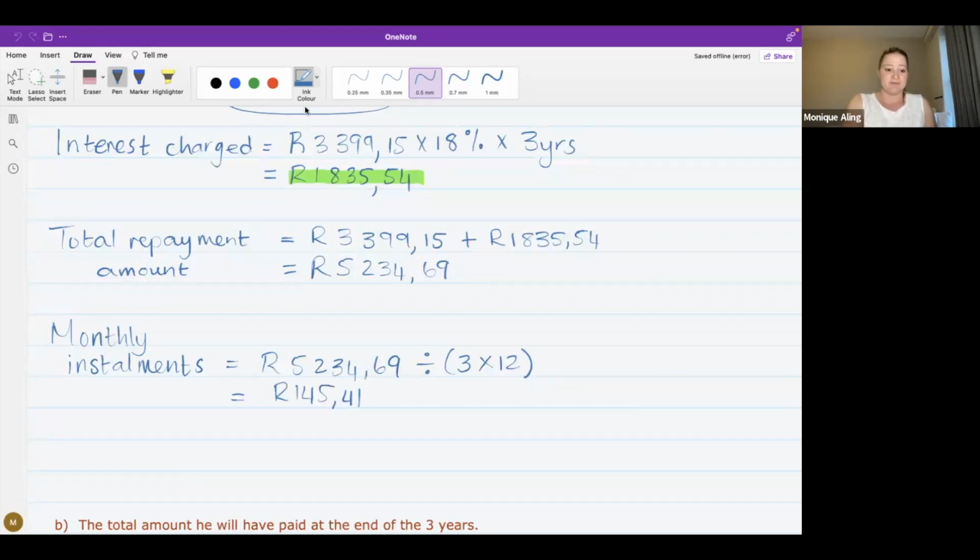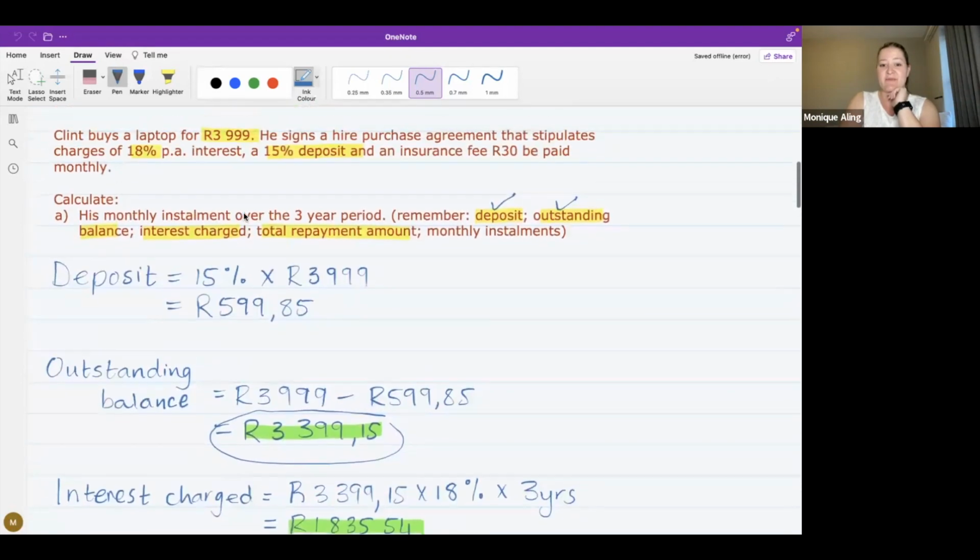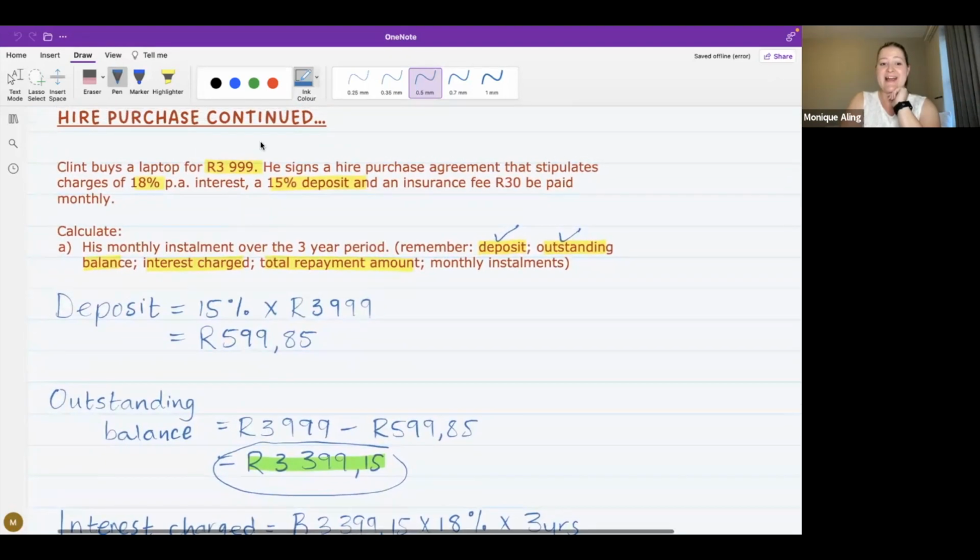Good. Okay, now that would be for a normal question, but we did add in something extra in the story. We said he needs to pay an insurance fee of 30 Rand that needs to be paid monthly.